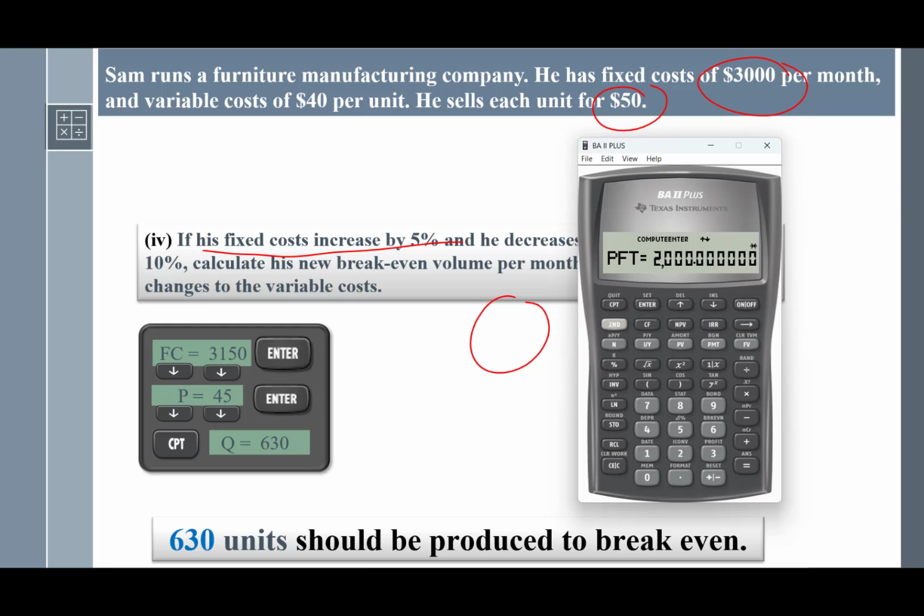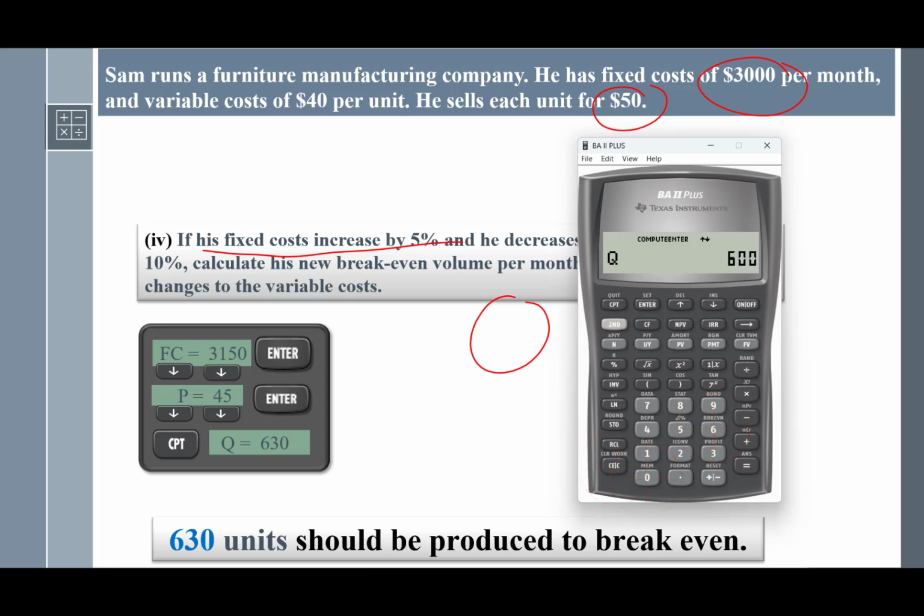Okay? You might be looking for the selling price. They said, for example, if they want to make $3,000 in profit, and they sold 600 units. Sorry, let's clear this.